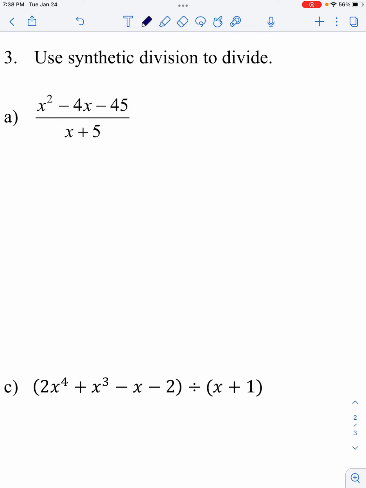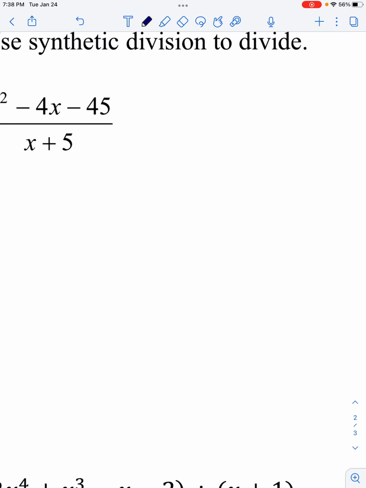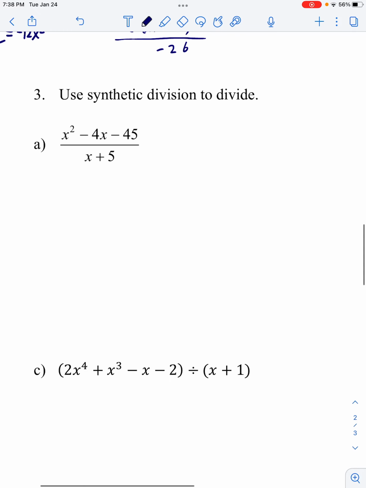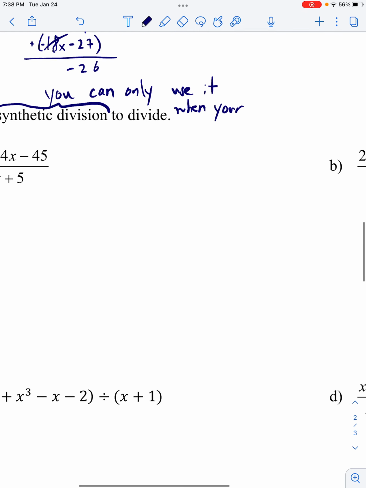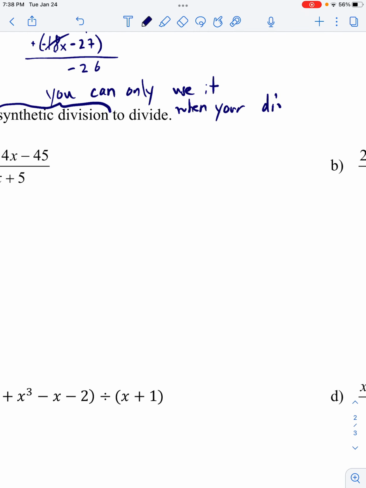So here's how this works. It's a little easier than long division. The one caveat is you can only use synthetic division when your divisor, that polynomial that you're dividing by, has a degree of 1.